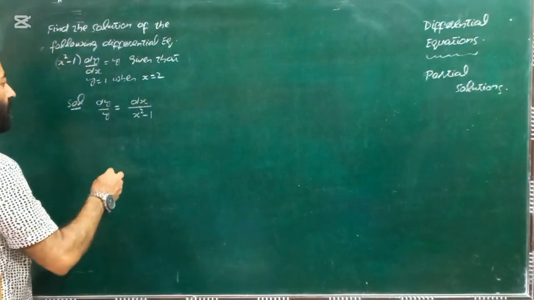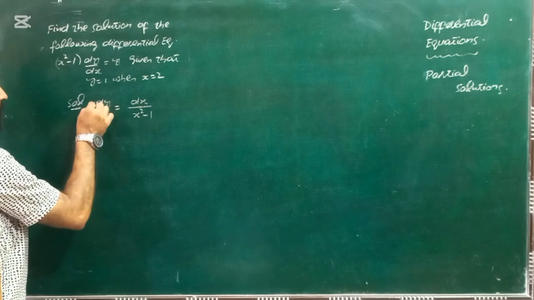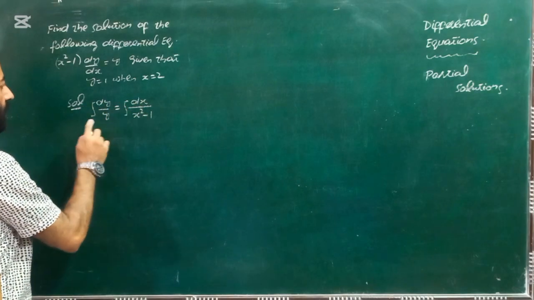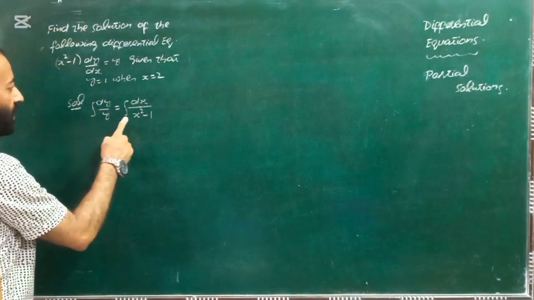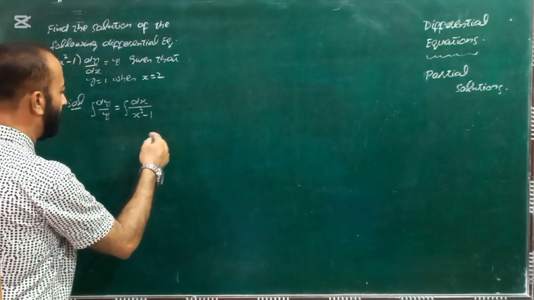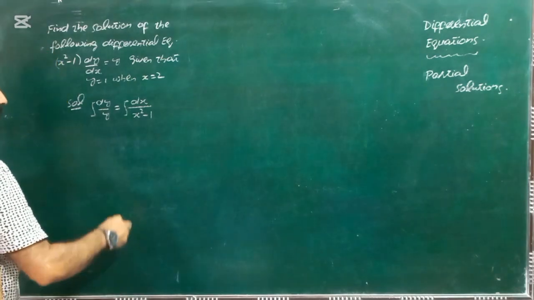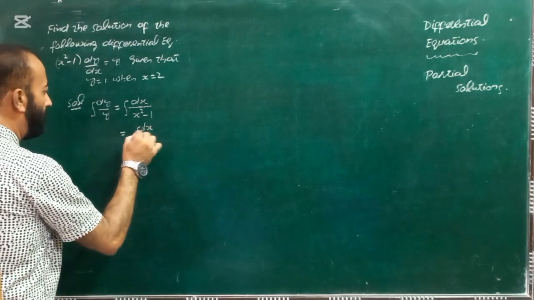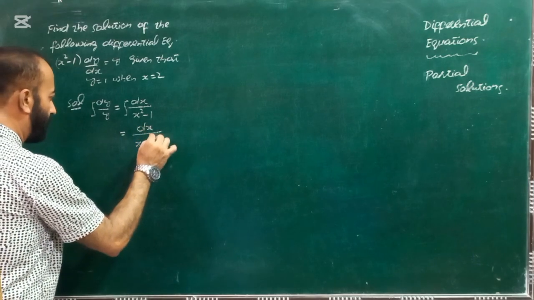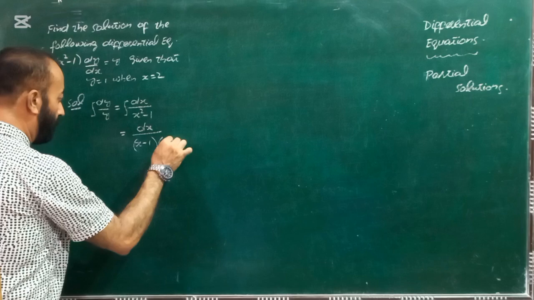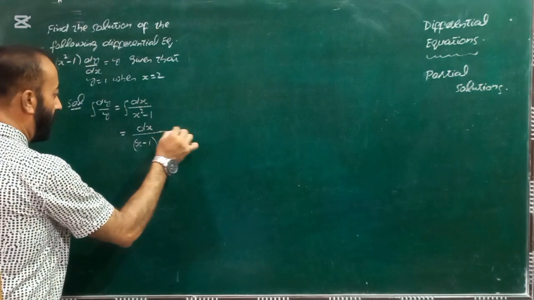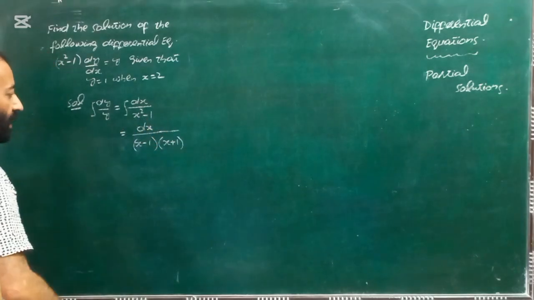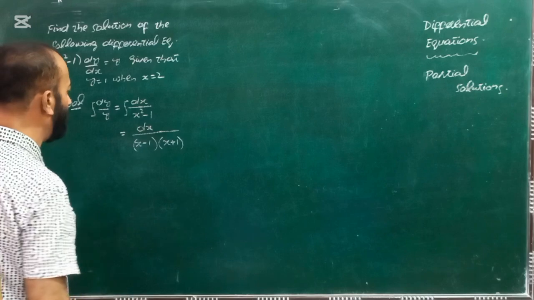The next step will be integrating both sides, left side with respect to y, and integrate right side with respect to x. So on the right hand side you can see the denominator can be written in x minus 1 into x plus 1 form, because there are two squares between them with minus, so x minus 1 into x plus 1.